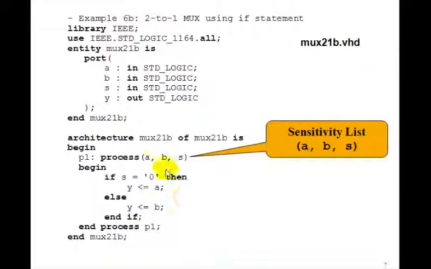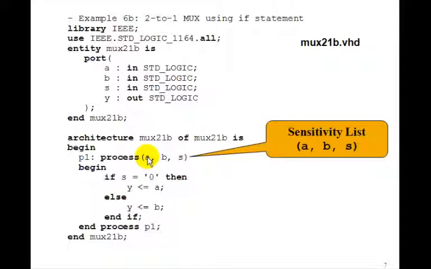Now, following the word process is what's called the sensitivity list, in this case A, B, and S. Now, these are the 3 inputs to our circuit, and you need to put in the sensitivity list all of your inputs, because in this combinational circuit, if any of these change, we want the output Y to change.